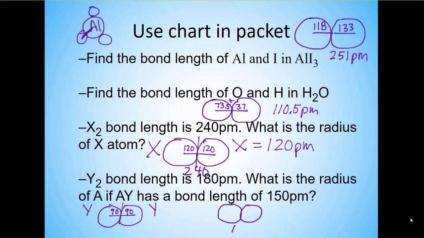So we have 150 for this bond, and we know that one is A and one is Y. And we do know what Y is. Y is 90. We just found that out. So to find that missing radius, we take 150 minus 90 and we will get 60. So 60 is our bond length, 60 picometers.